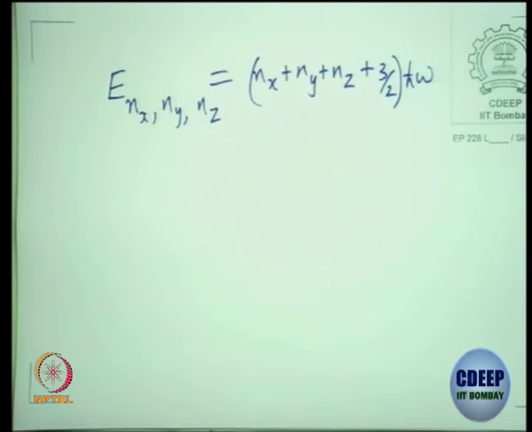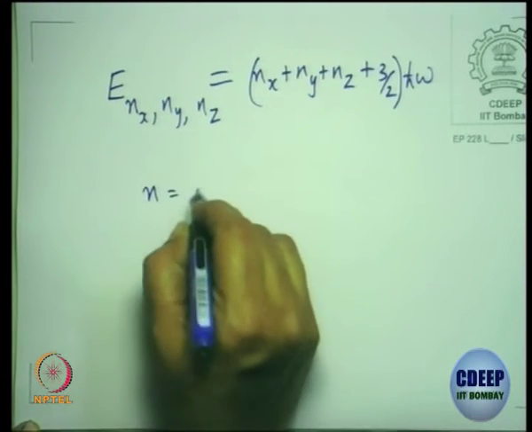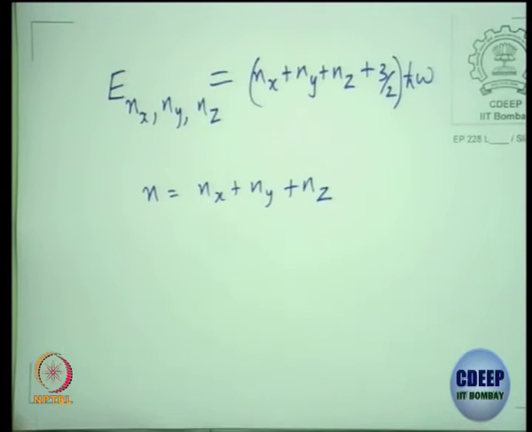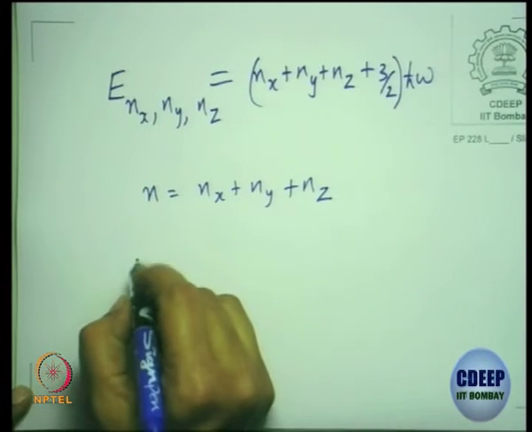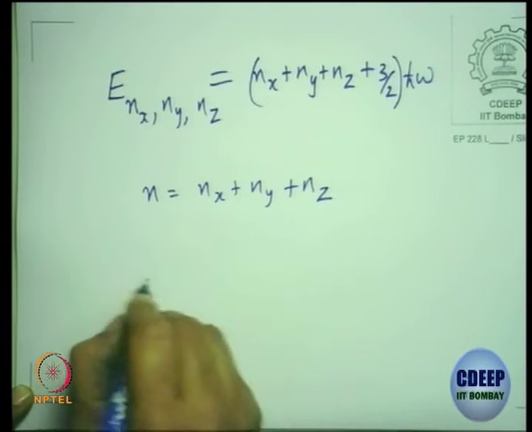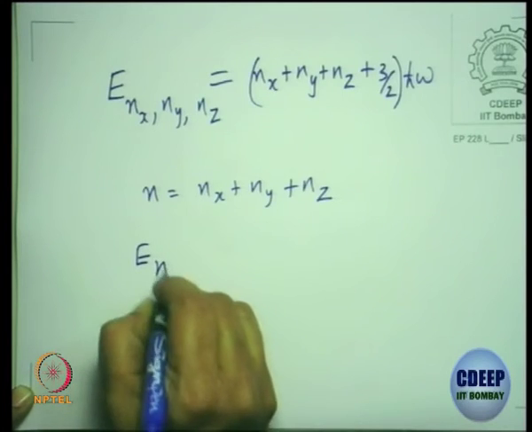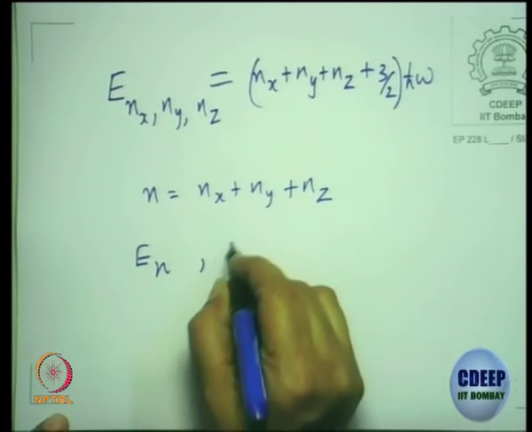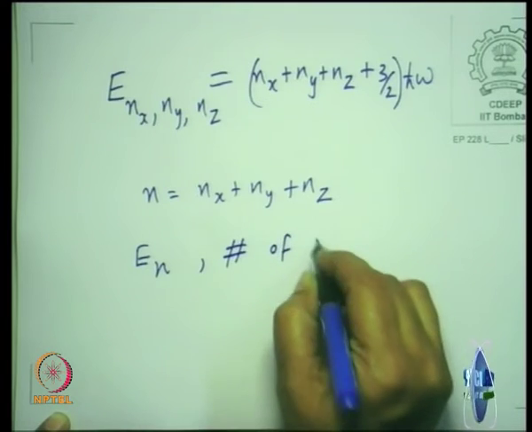I can call n to be nx plus ny plus nz. So if I want to find, for a specific energy En, what is the number of possibilities?